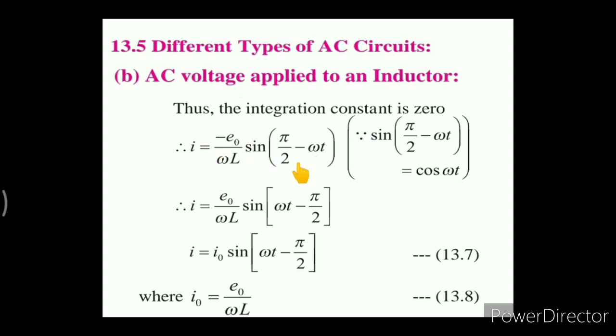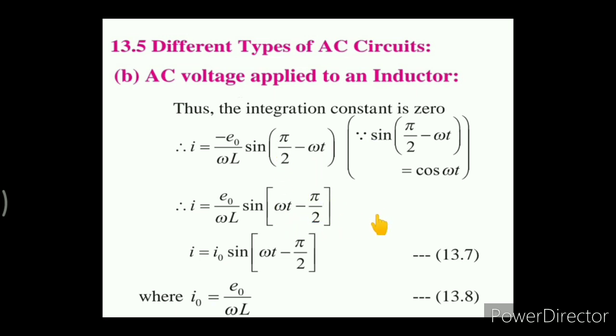When we are taking the minus sign out of the bracket, that minus sign and the minus which is already in our equation become plus, and hence the factor in the bracket is to be written as omega t minus pi by 2. So here we can write I is equal to E0 upon omega L sine omega t minus pi by 2.